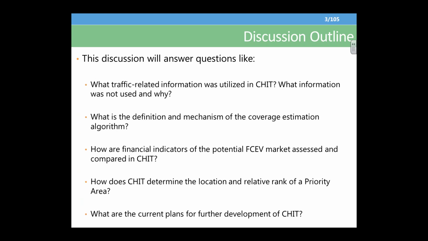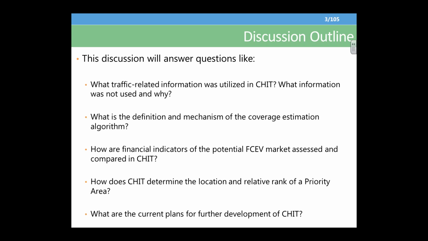In this afternoon session, hopefully you'll get some of these questions answered: what was the traffic-related information that we used, how did we use it, what wasn't used, and why not; what was the algorithm, how did we calculate coverage; how are the different financial indicators of the potential first adopter market actually assessed in this tool, and how does the tool determine the relative priorities of different areas and identify those areas?